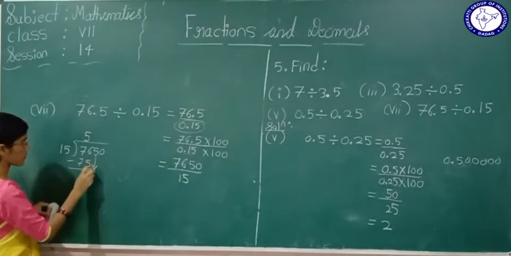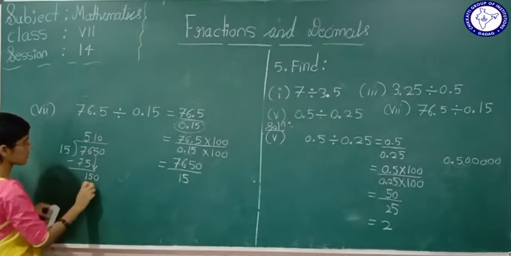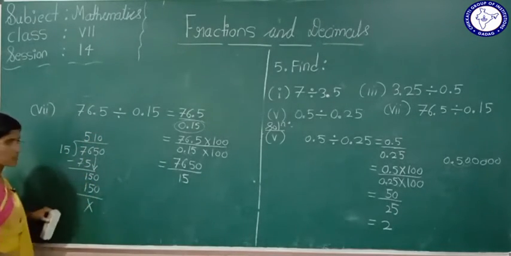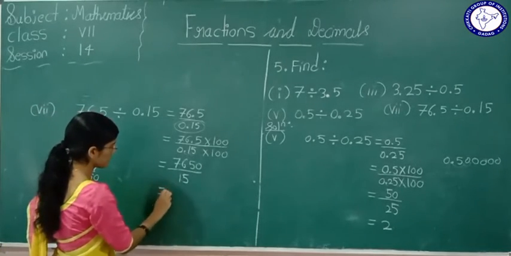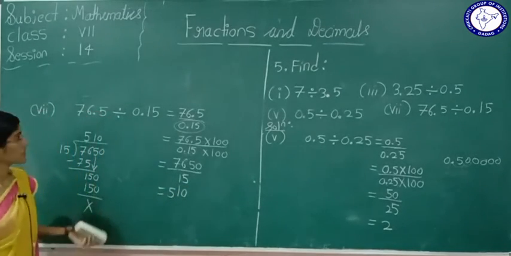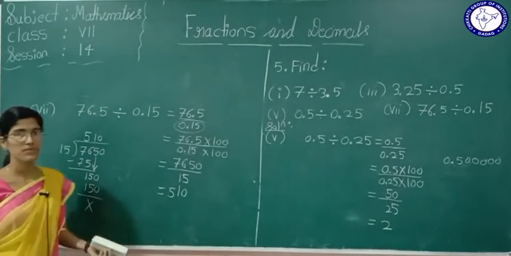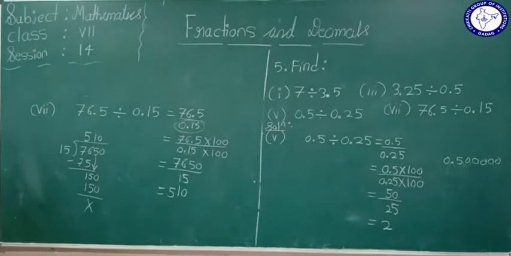Now we got here 1. 15 times 1 is 150. Yes? So what can we write here? 510. Okay? This is about the seventh one. Now we are going to see the last one, that is the sixth one we are going to see.